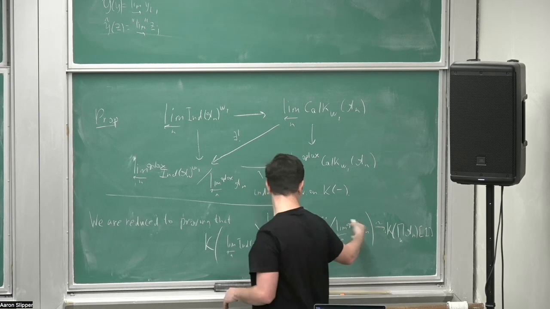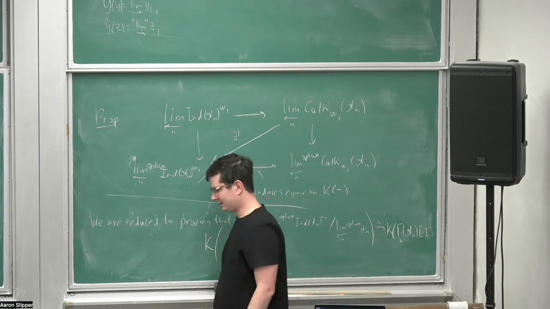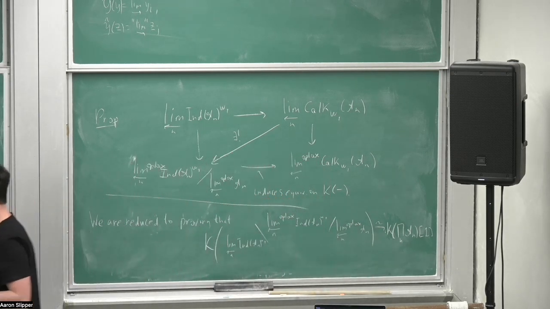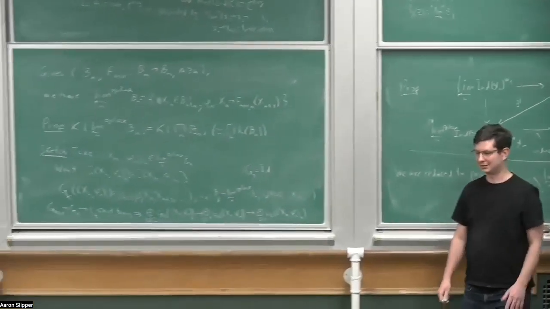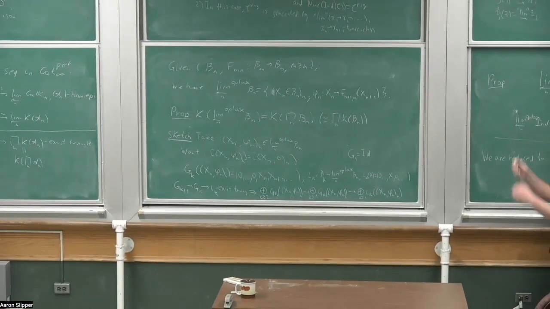So this can be done, and this somehow allows you to construct the desired multiplication of this exact triangle after shift. So that's roughly the idea how this works. Commutation of K-theory with limits in this.